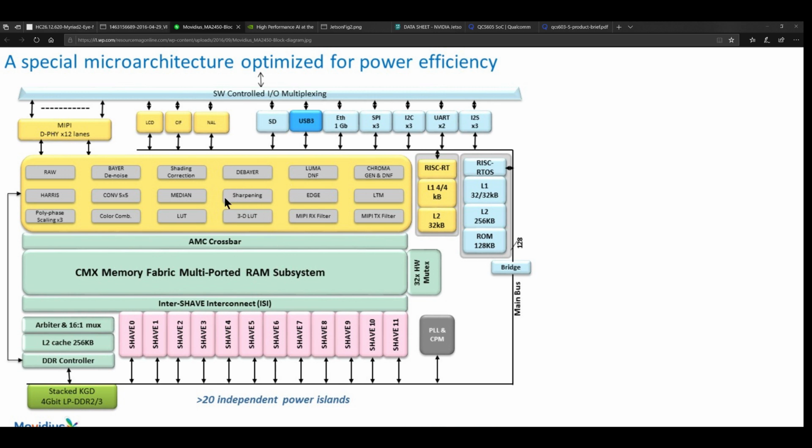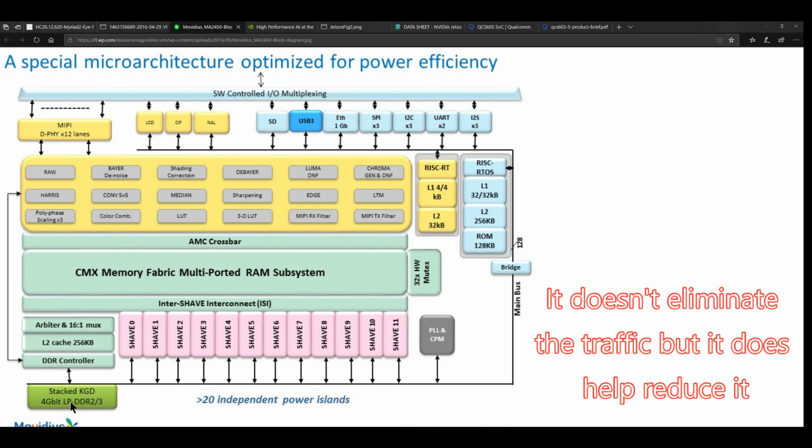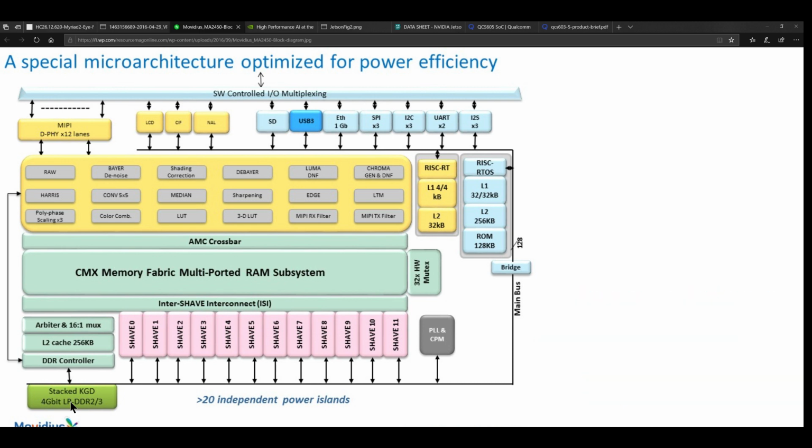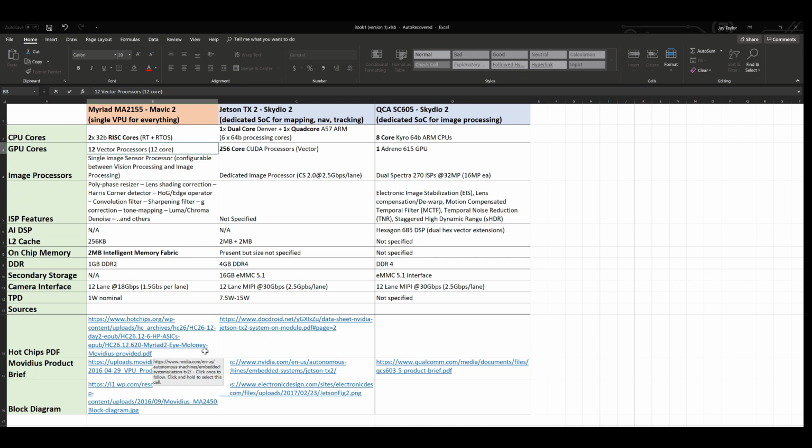It's actually a pretty cool design, and what that ends up doing is reducing the amount of time that the image processor has to go out to the DDR RAM down here, minimizing the amount of traffic on the bus, as well as utilization of that memory. Because when the image processor is utilizing the memory, then nothing else can use it. So it sort of minimizes some of that, and that's actually kind of an interesting design in this VPU.